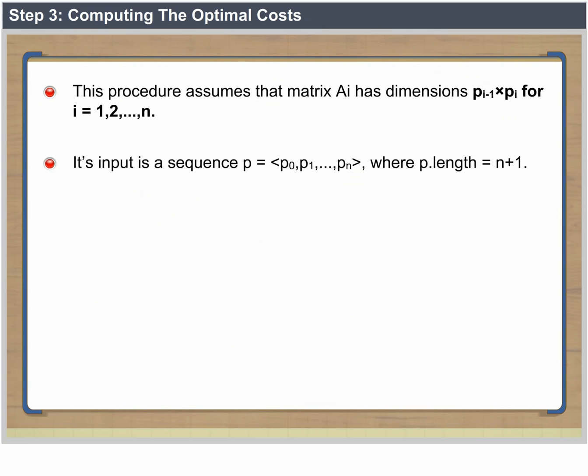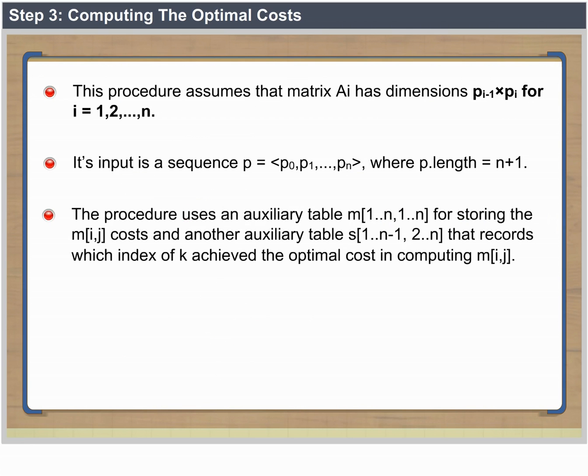The procedure uses an auxiliary table m[1..n, 1..n] for storing the m of i, j costs, and another auxiliary table s[1..n-1, 2..n] that records which index of k achieved the optimal cost in computing m of i, j. We shall use the table s to construct an optimal solution.